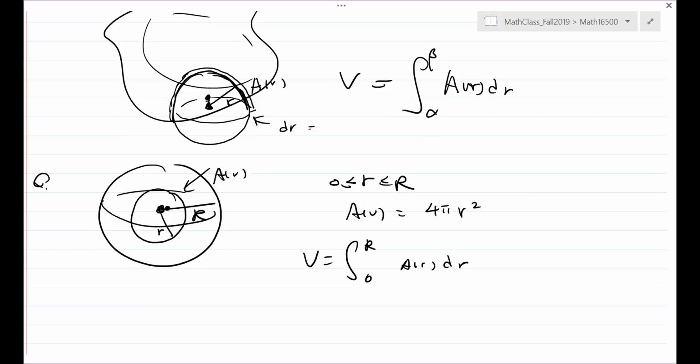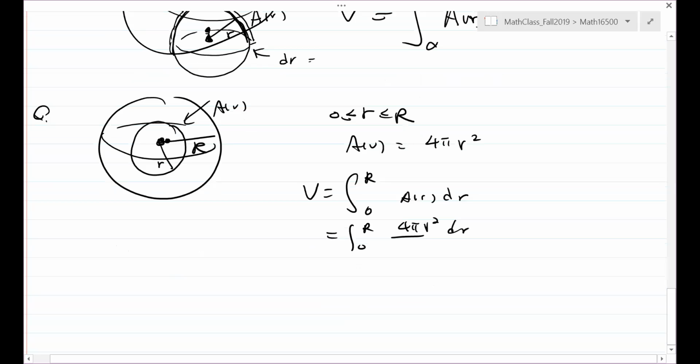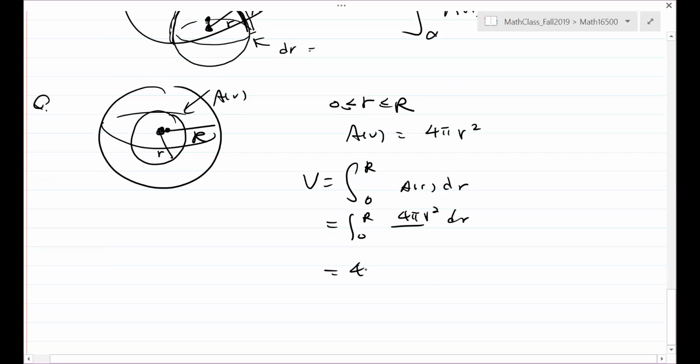That gives you the integral of 4 pi r squared dr. The antiderivative is r cubed over 3, and so the answer is 4 pi R cubed over 3.